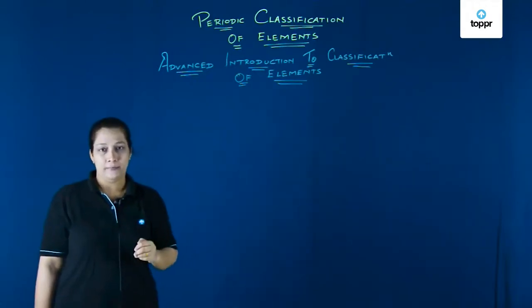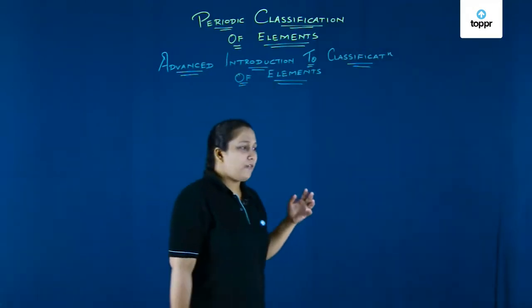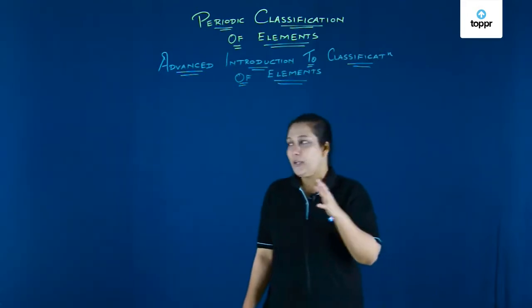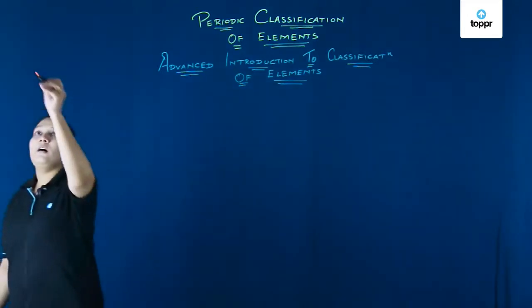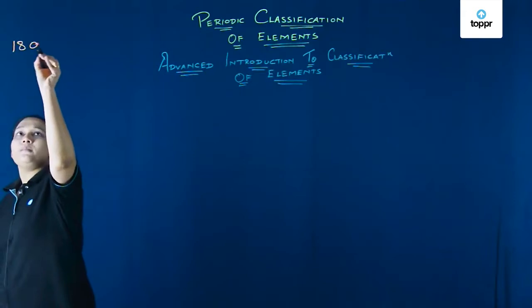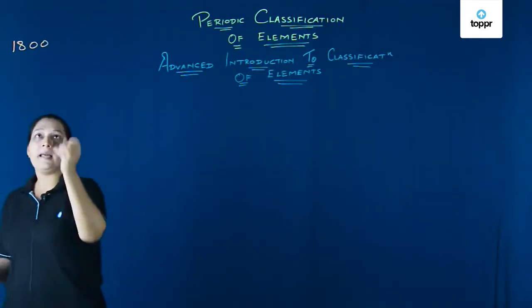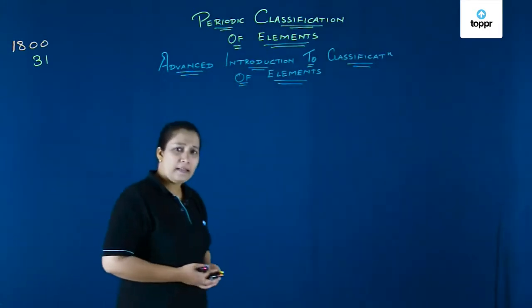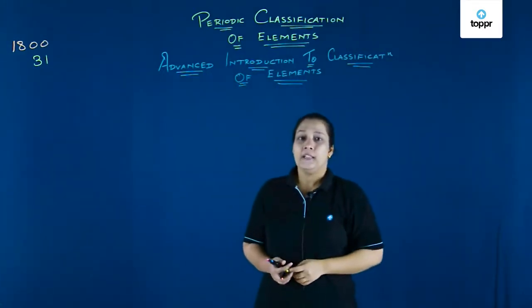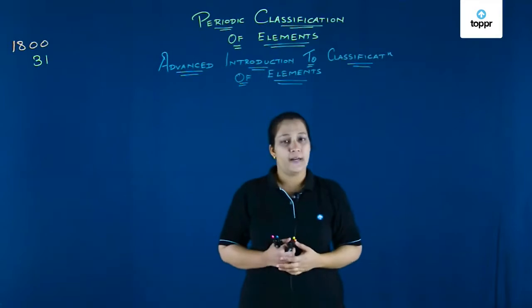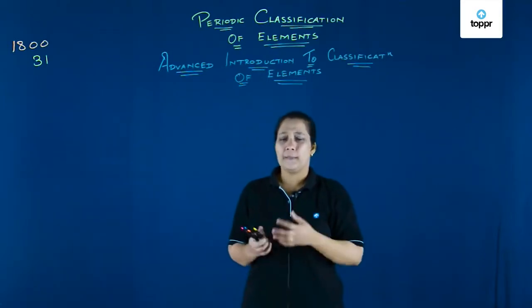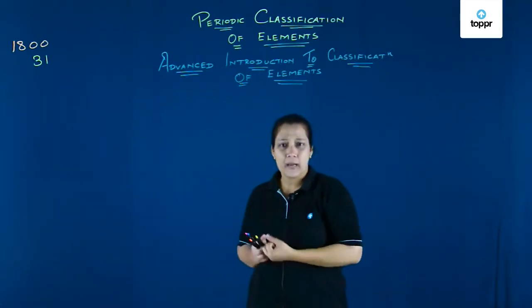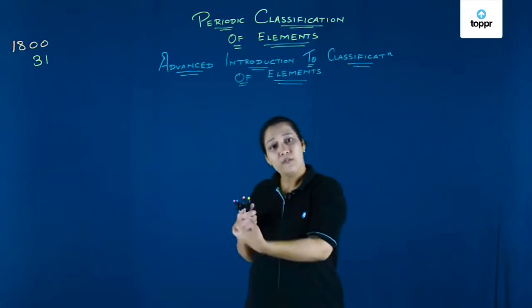Classification, exactly. In around the 1800s or so, around 31 elements were known at that point of time. And definitely the chemists who knew these elements were observing some kind of similarities in some of the elements.